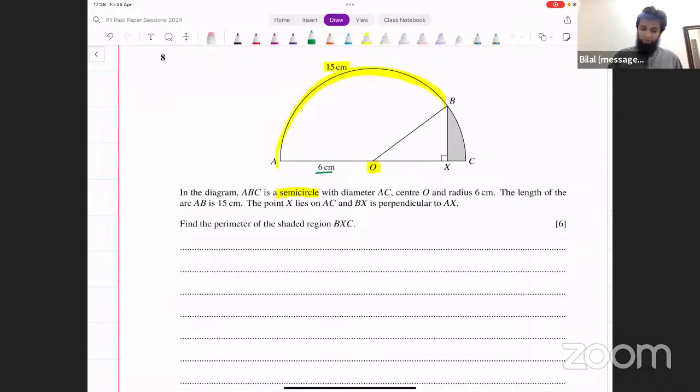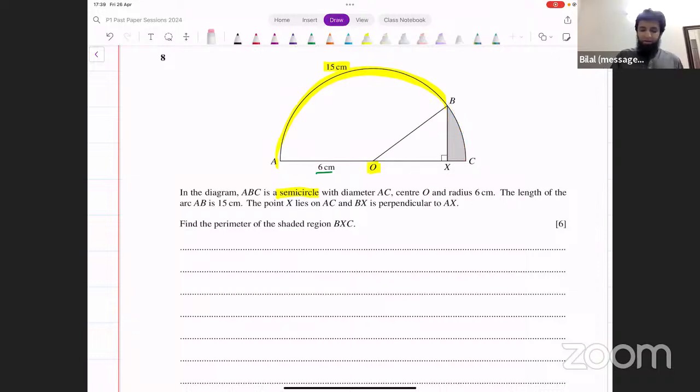That's what we're given. The point X lies on AC and BX is perpendicular to AX. So you can see all of that in the diagram. Find the perimeter of the shaded region BXC. This is the shaded region that we are looking for.